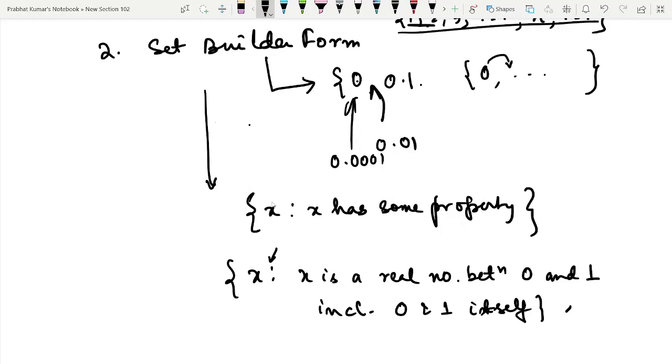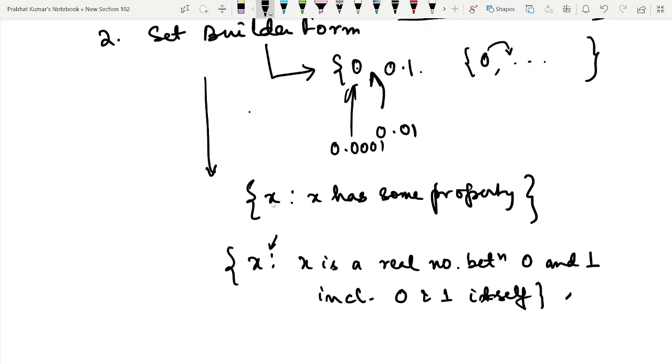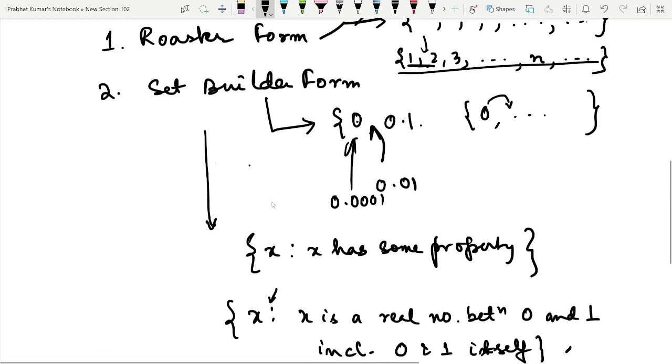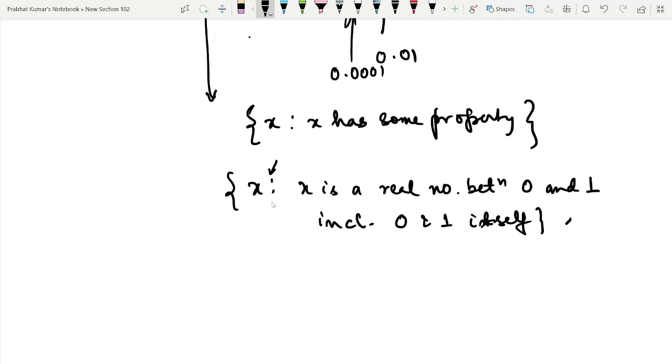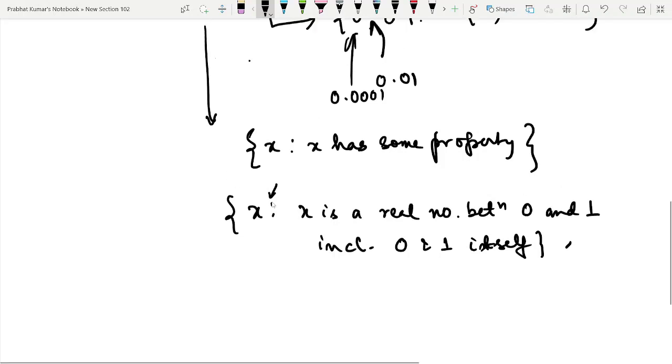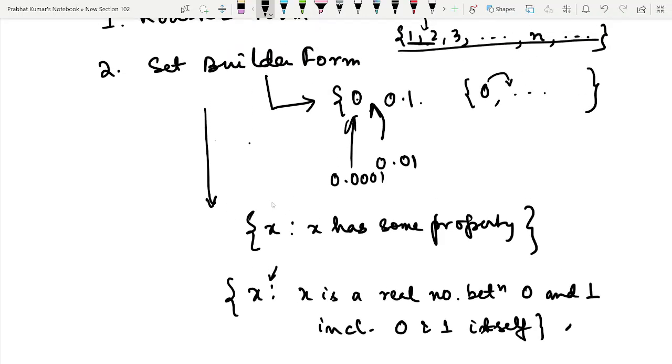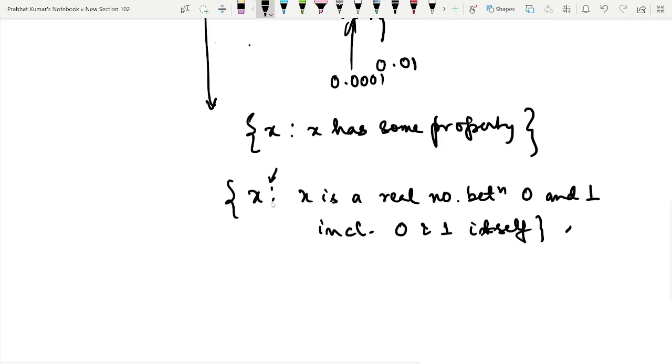Obviously one may think that there is nothing special here, that you are basically just writing this. But slowly you will see that not every time do I have to write this really long language. Many sets can easily be put down into set builder form without much fuss, right?